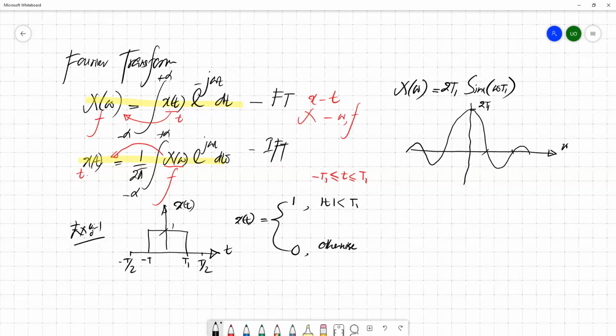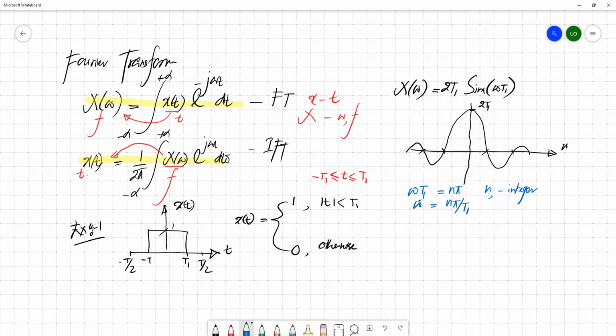You can easily evaluate these crossing points. How do you get the crossing points? The inner argument ωt1 should be a multiple of pi. So you can come up with n pi over t1, where n is an integer.